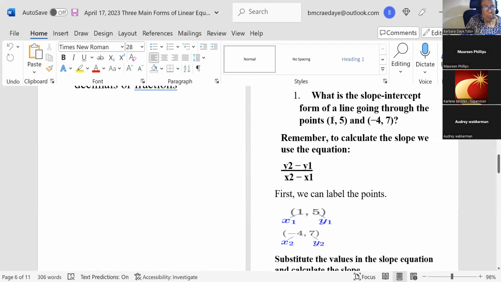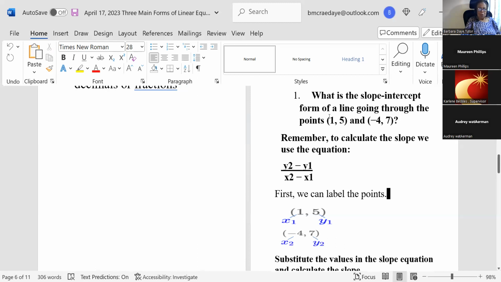If 1 is x1, 5 is y1. Let's call this our first point: x1 is 1 and y1 is 5. Then we have a second point: x2 is -4 and y2 is 7. No mix and matching.